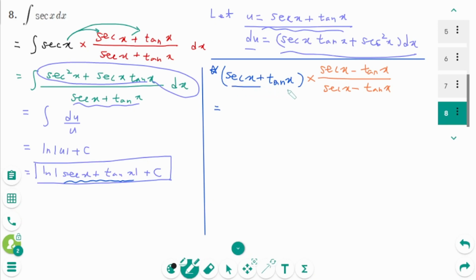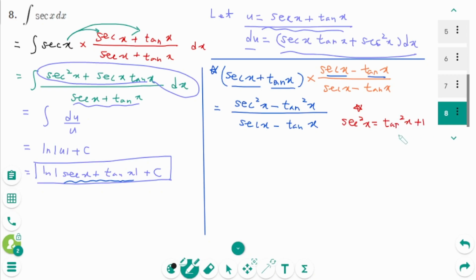This is the a plus b, a minus b part, then a squared minus b squared form, secant squared x minus tangent squared x over secant x minus tangent x. Using the trigonometric identity, secant squared x equals tangent squared x plus 1. Move tangent squared x to the left, then secant squared x minus tangent squared x equals 1.